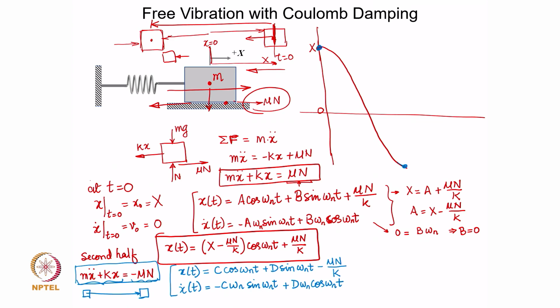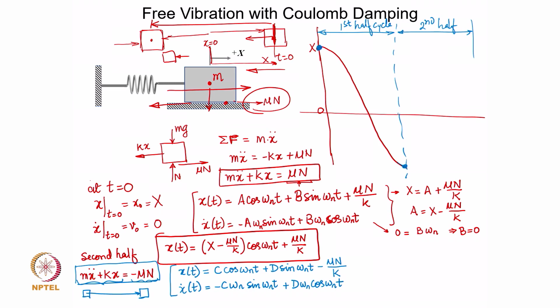So, this is the first half cycle, and in the second half of the cycle some other equation applies. When I started getting the response of the first half cycle, I used initial conditions at the beginning of that cycle.